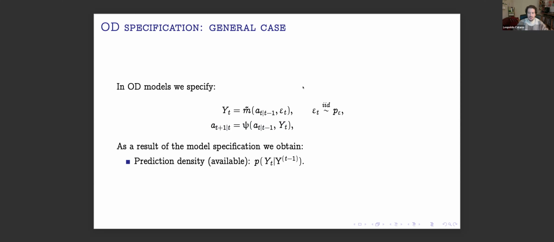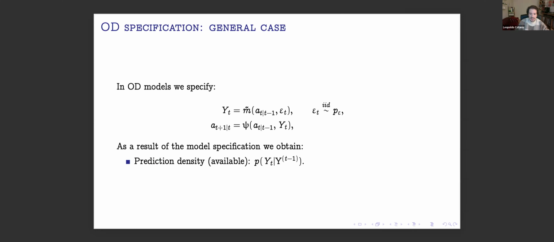Of course, I'm assuming existence and a lot of regularity conditions behind this model. As a result of this model specification, we have the prediction density, and so this is immediately available. And so a likelihood can be constructed quite easily.